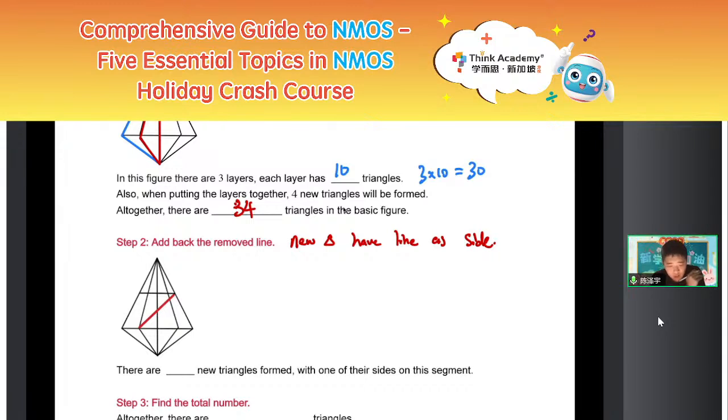So all we need to do is count how many new triangles have been formed. And we can do this step by step, part by part. So maybe we can start with this part. How many new triangles do we form at this part?